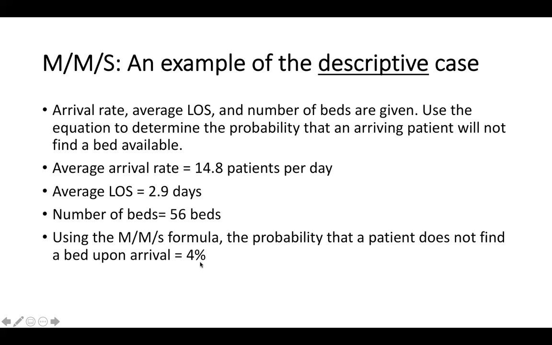And so that's basically something descriptive about the system: for a system with this arrival rate for the patients, with this length of stay of the patients in the care, and knowing that we have 56 beds, I can tell you there's a 4% chance that when a patient arrives to the system, there is an empty bed available immediately. So this is just something descriptive about the system. It's just going to help us to describe the system a little better.